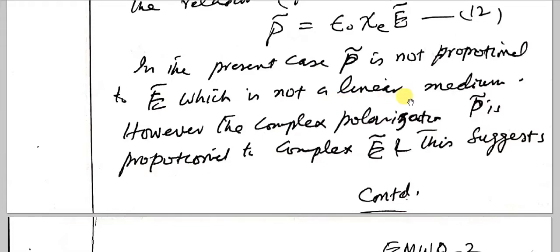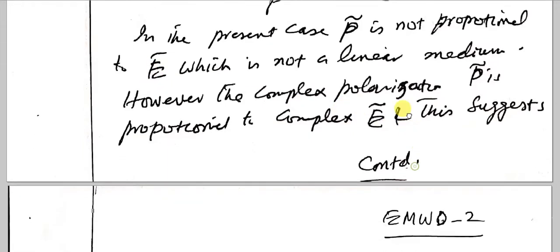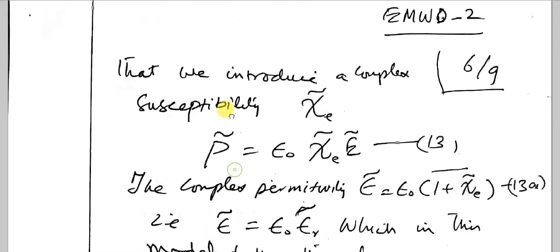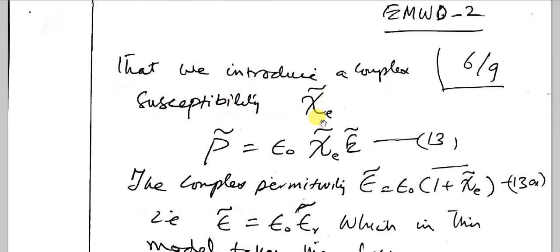If we take E to be complex, this suggests that we introduce a complex susceptibility, chi E, as well. So the complex polarization P is equal to epsilon naught times chi E complex times E, the complex electric field vector function.